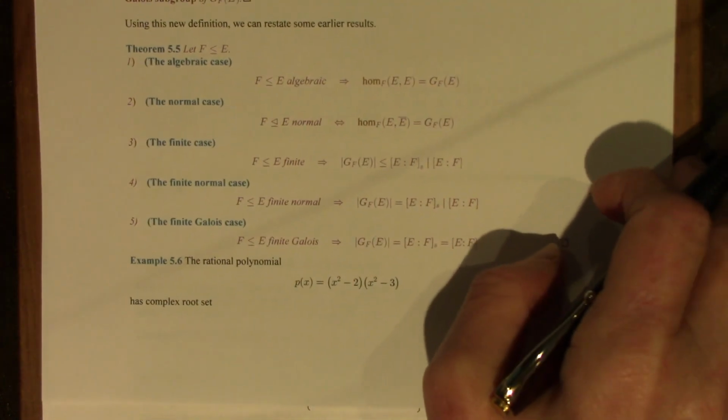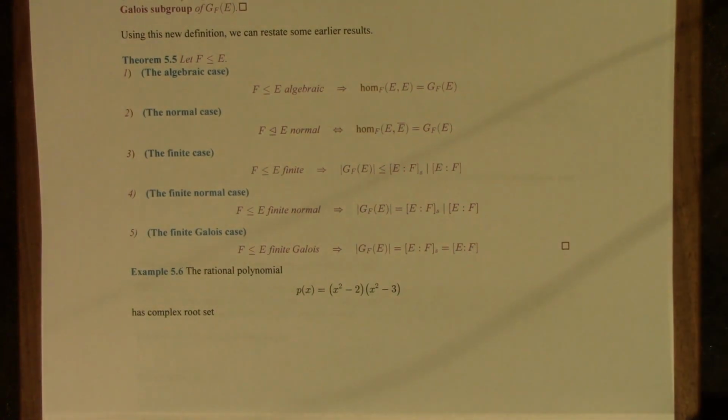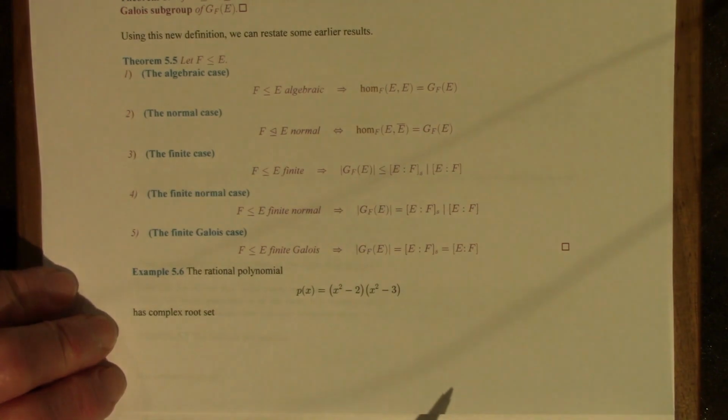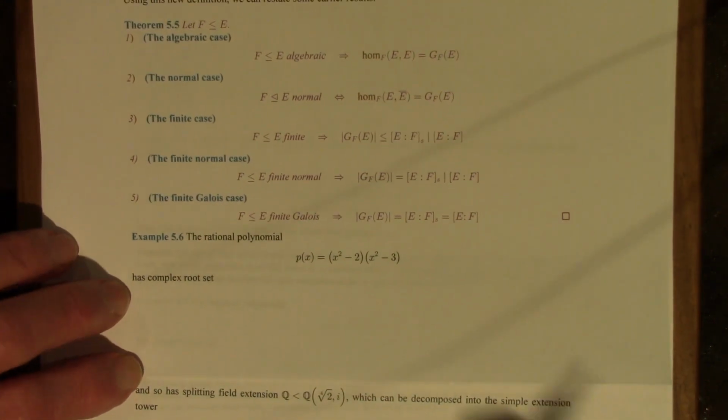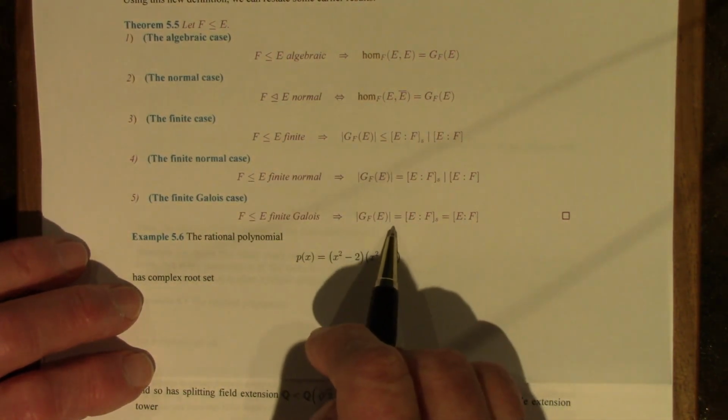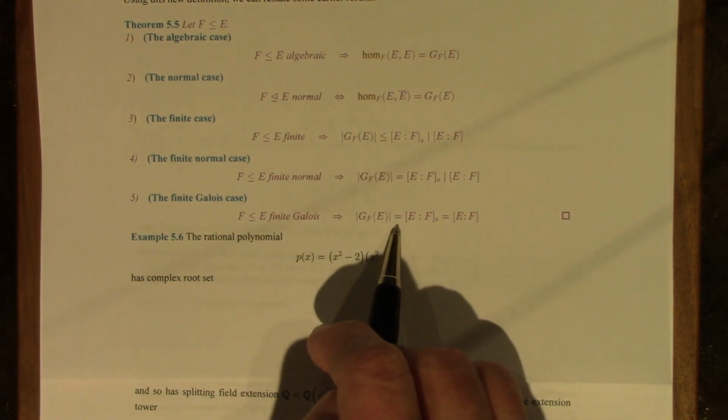Now with this introduction of Galois groups, we can restate some earlier facts that we learned. I'll go over these briefly, but I would strongly urge you to think about each one of these, make sure it makes sense to you.